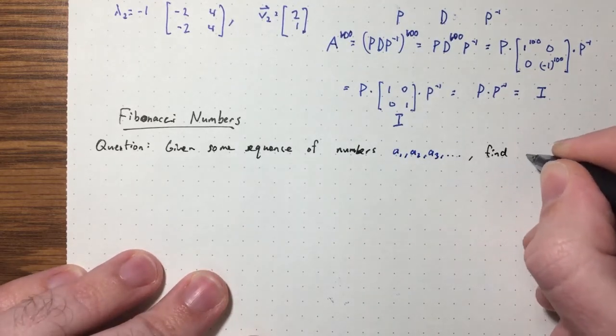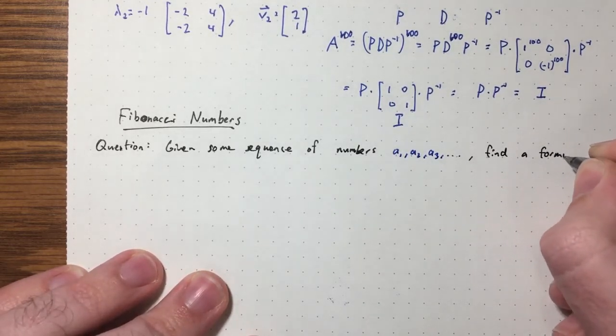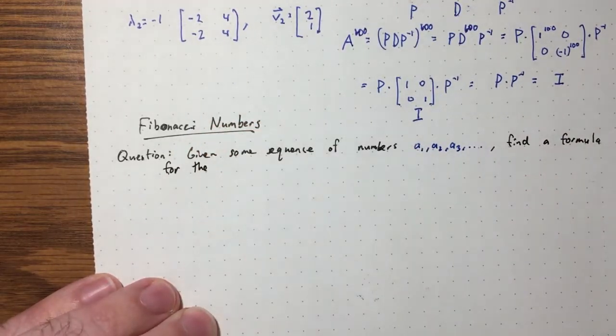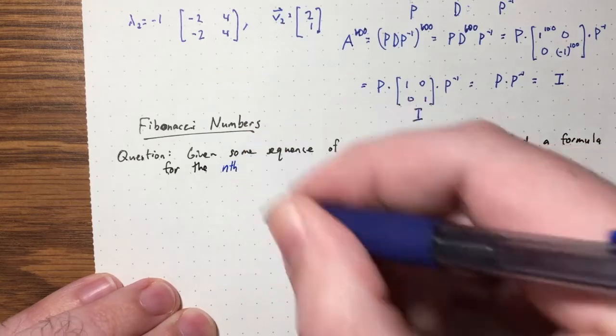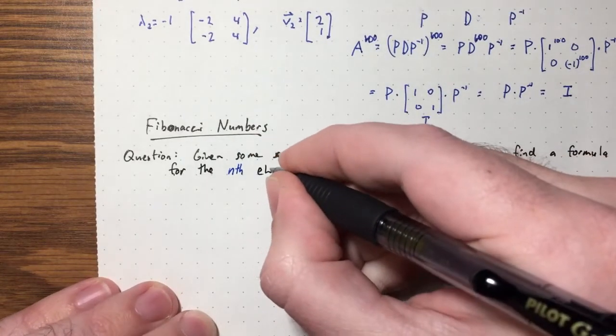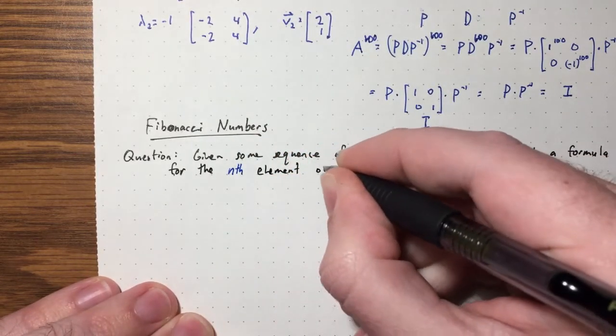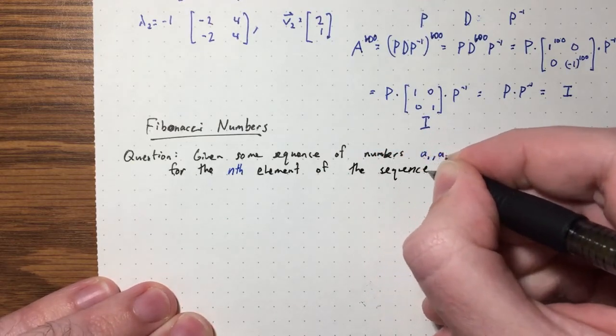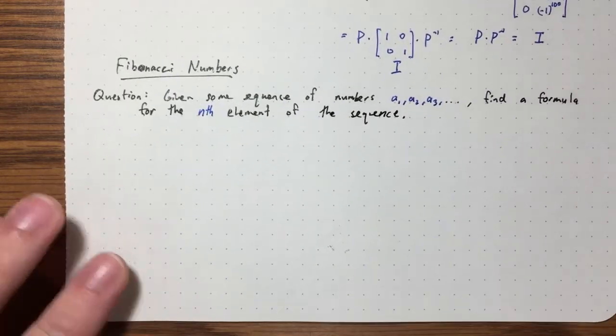Can we find a formula for the nth element of the sequence? Okay, so that's an interesting thing we might want to do.